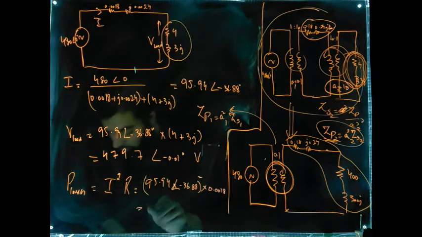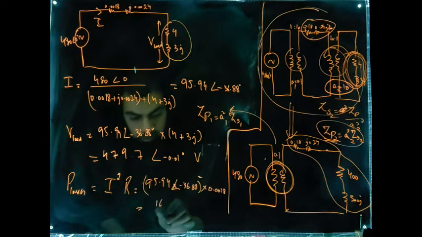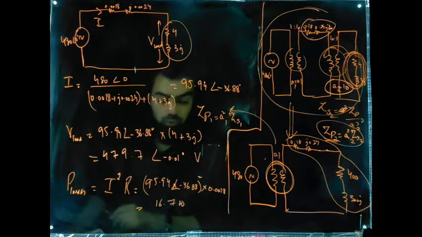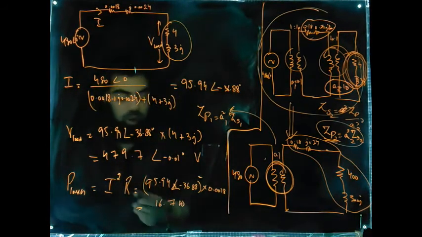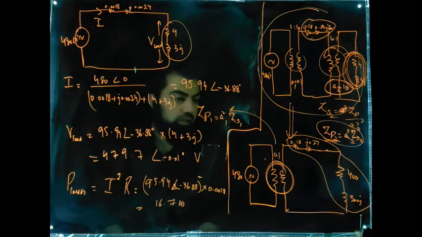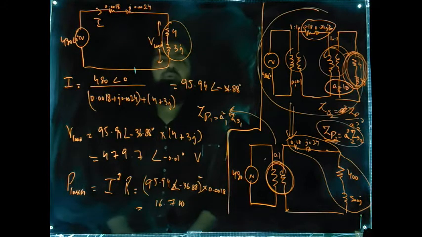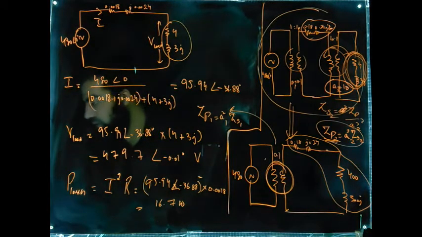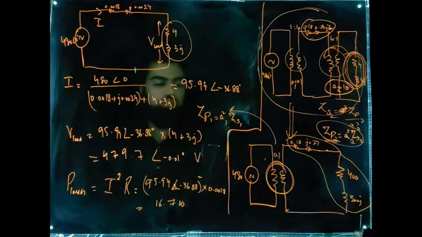So this will be equal to 16.7 watts. Fine. So this is your voltage, this is your power loss in this circuit. Without transformers, the power loss in the circuit was 1484 watts. So with transformers, you can see the line losses has been reduced to 16.7 watts only. So this is the advantage of using a transformer.